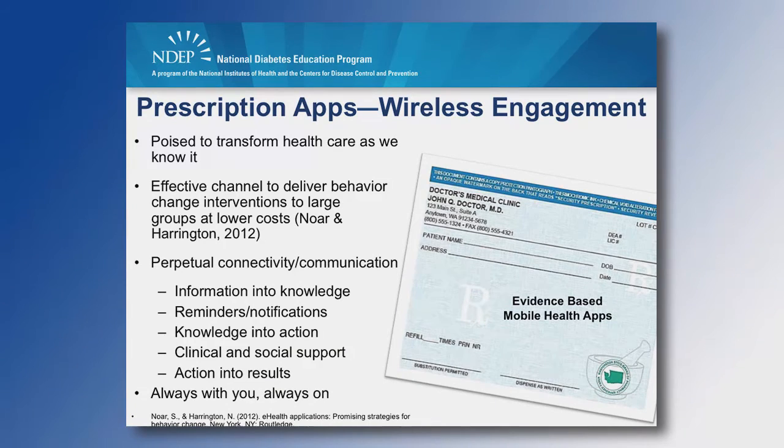If you're interested in the movement of the mobile wireless apps that are underway, there may well be a time where doctors even prescribe evidence-based mobile health apps because it allows perpetual connectivity and communication with consumers, with patients, helping translate information into knowledge and knowledge into action, and getting reminders and notifications.